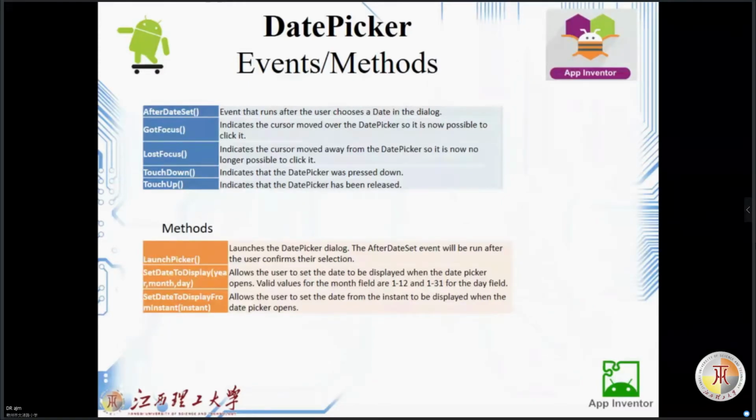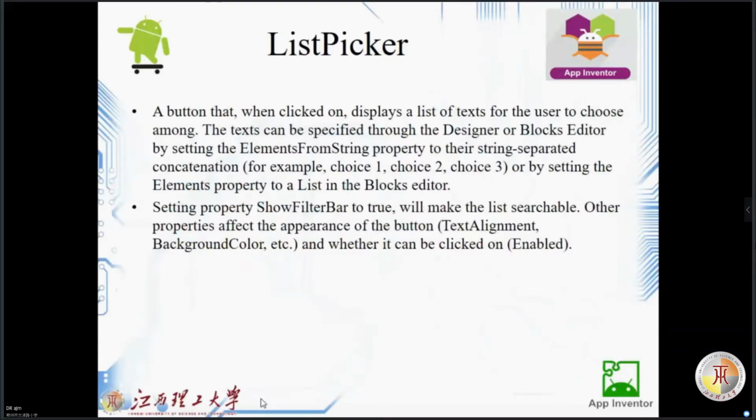One more nice part we have here is the list picker, which is a button that, when clicked, displays a list of text for the user to choose among.